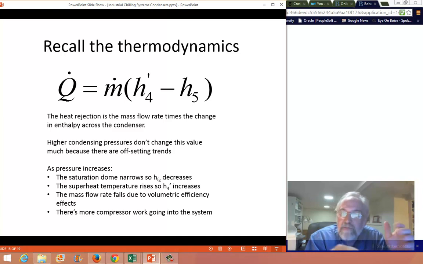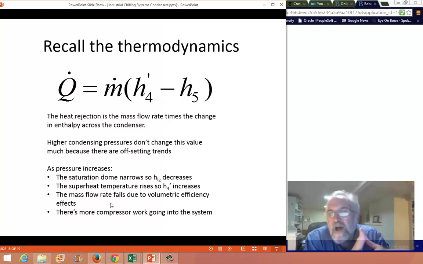So that means that delta H here can be driven smaller. But remember, H4 prime is actually in a superheat region, and as the pressure goes up, so does the temperature at the superheat. So this gets a lot higher. These two tend to offset each other.